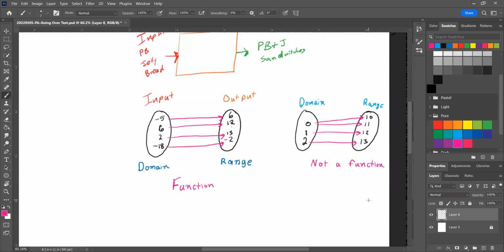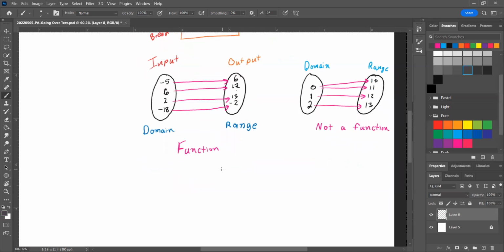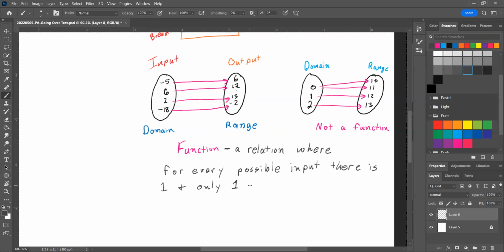That's right, which is a problem because the definition of a function is a relation where for every possible input, so every member of the domain, essentially, there is one and only one possible output.